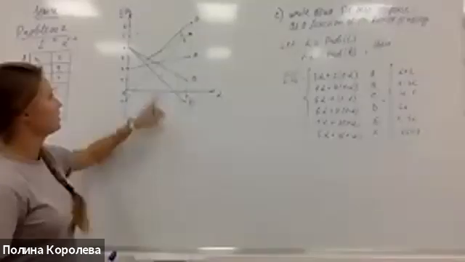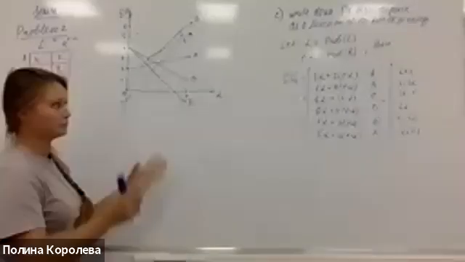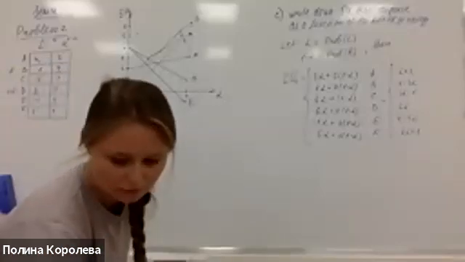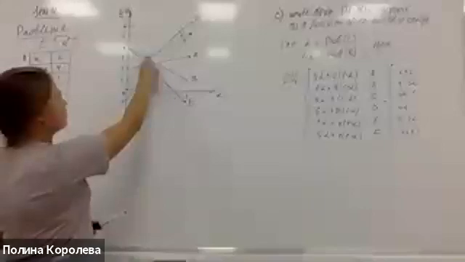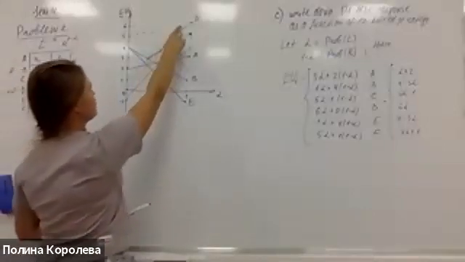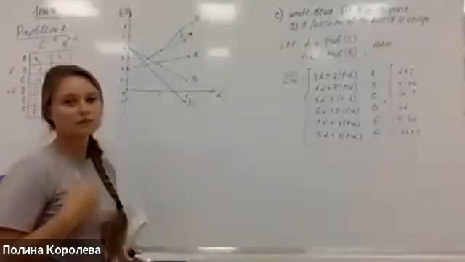So, yes, we equalize the expected utilities of B and F, and of D and F. These are the intersections of B, F and D, but it's only an illustration.